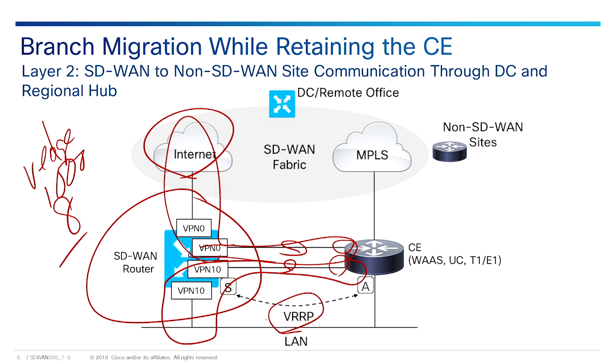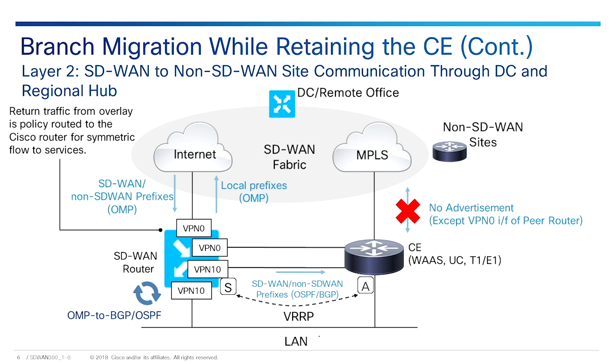We discussed VRRP in a previous section. This is Virtual Router Redundancy Protocol. So basically the inside interface here is going to have a shared virtual IP, and whoever's active will respond to ARP requests for that IP address. The CE is active and the SD-WAN router is in standby mode. This means now all traffic is going to go through the CE router.